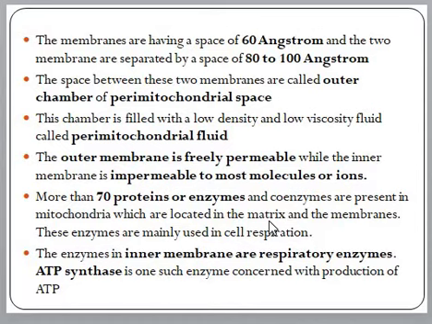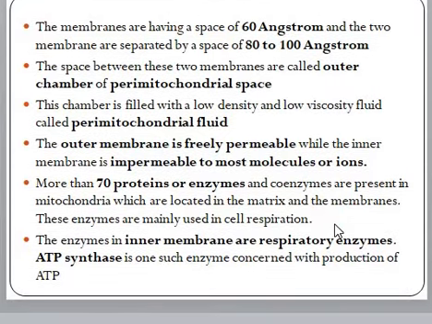They include coenzymes also. They are located within the matrix of the mitochondria or within the membrane. These enzymes are mainly used in cell respiration. The enzymes located on the inner membrane are respiratory enzymes, and as an example, ATP synthase is such an enzyme for the production of ATP.